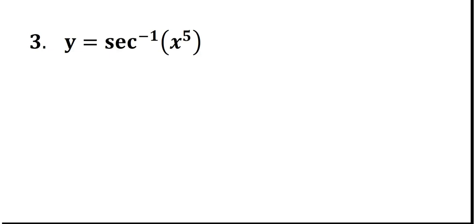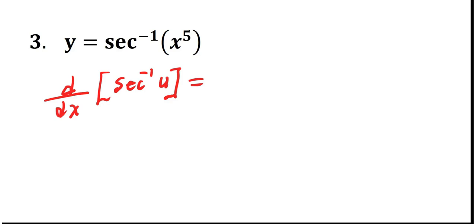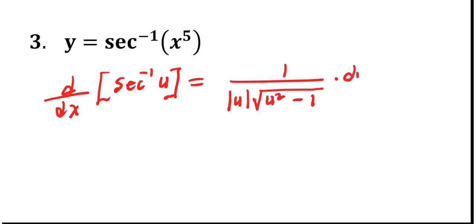Question 3. We also need to start with the formula d/dx of arcsec(u) is equal to 1 over the absolute value of u times the square root of u squared minus 1, times du/dx, and we need to identify u. u is simply x to the 5th power.